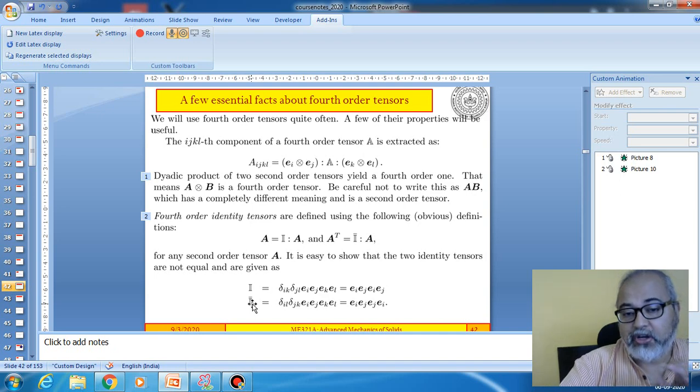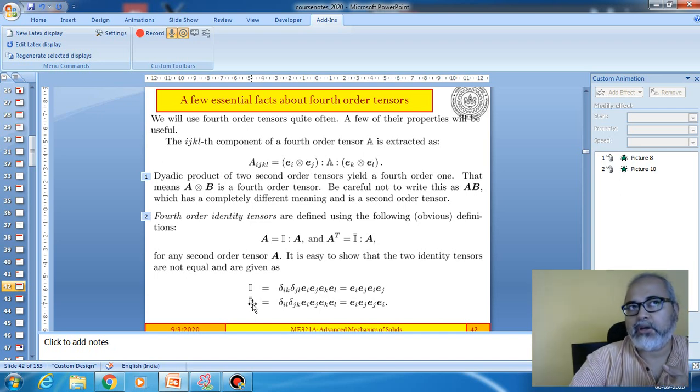In the space of second order tensors, you have only one kind of identity tensor, whose components are delta ij in the Cartesian system. Whereas for fourth order tensors, you have two identity tensors, and we will use this fact later in the course.